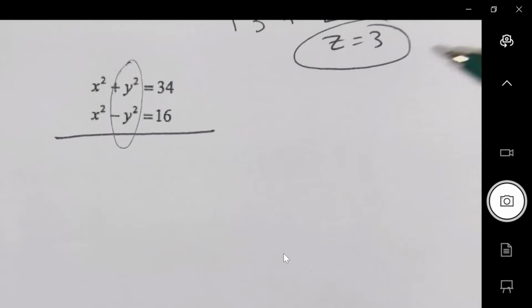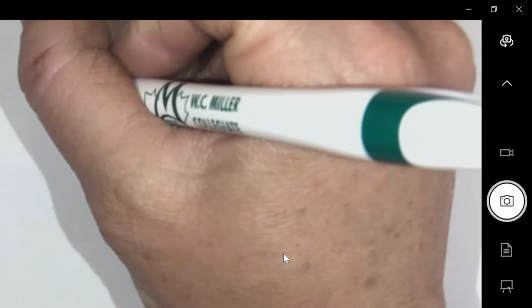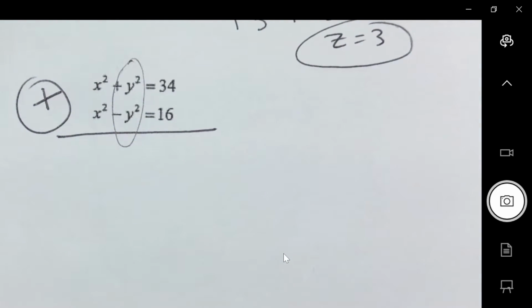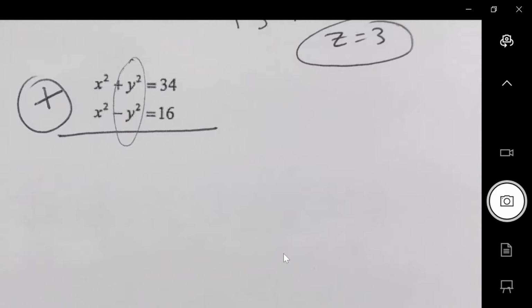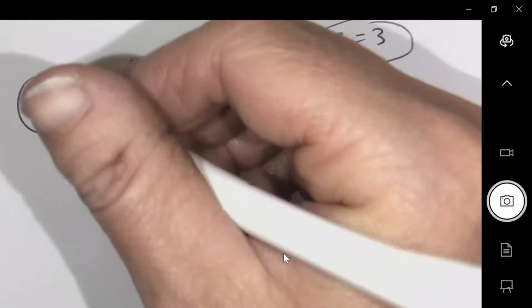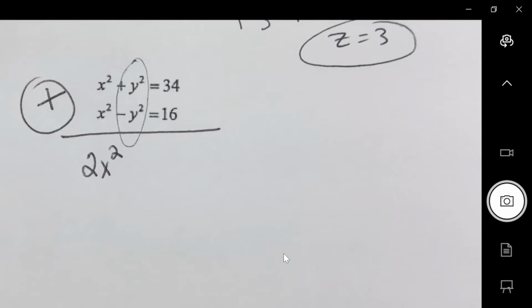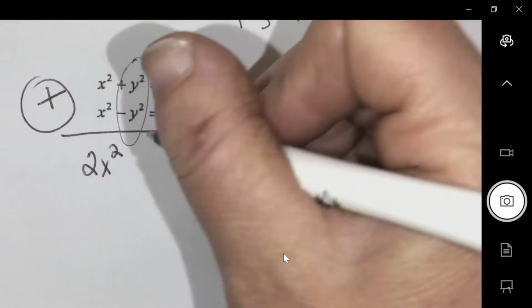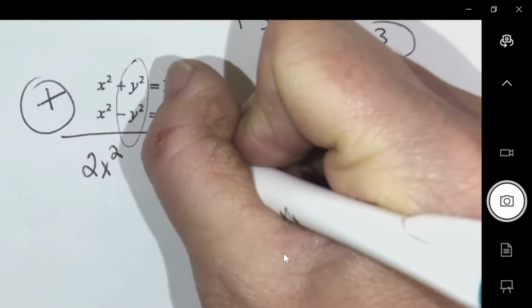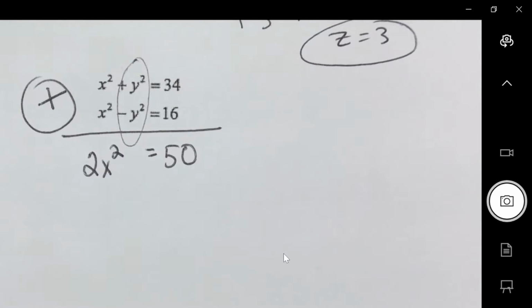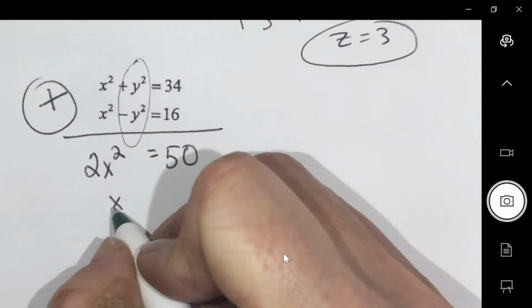So what would I do to get that out? I would add. Okay, so that makes 2x squared gone, and this makes 50. Divide by 2.